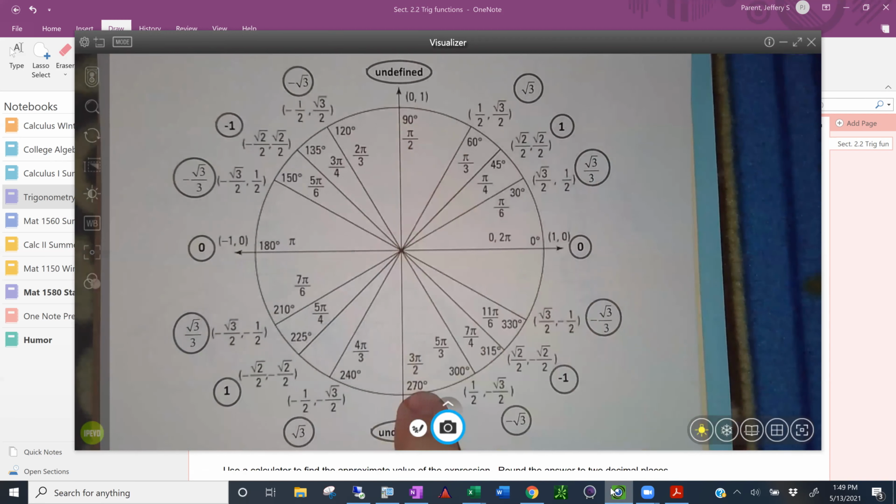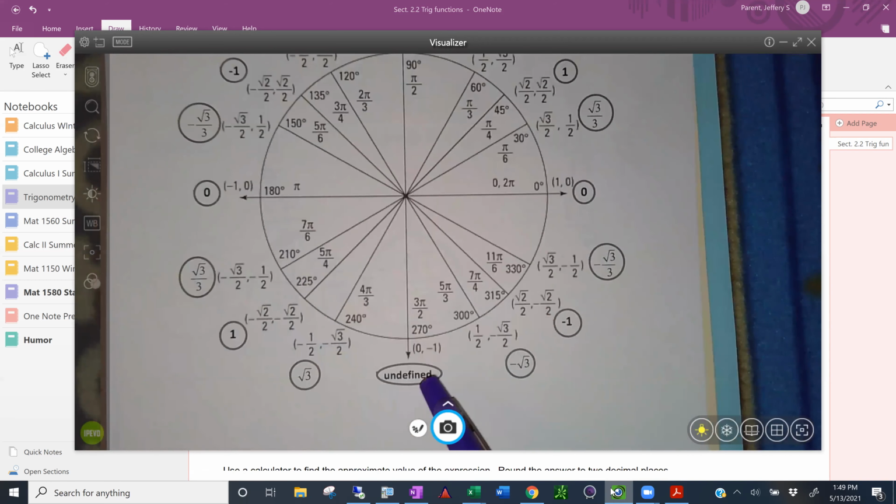North, south, east, or west of the center? South. Yeah, right down here. Now, sine is which coordinate? It's the y coordinate, so it's -1.